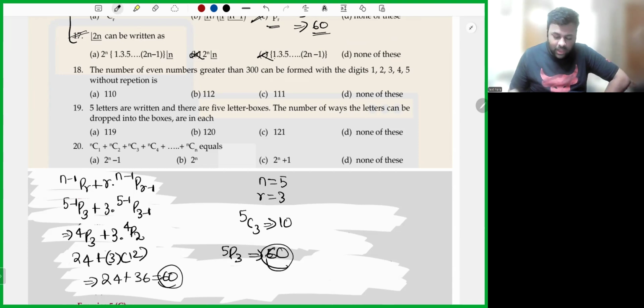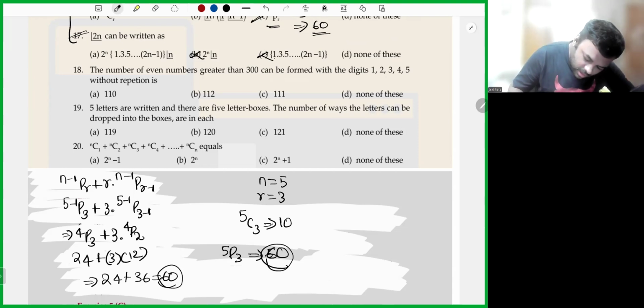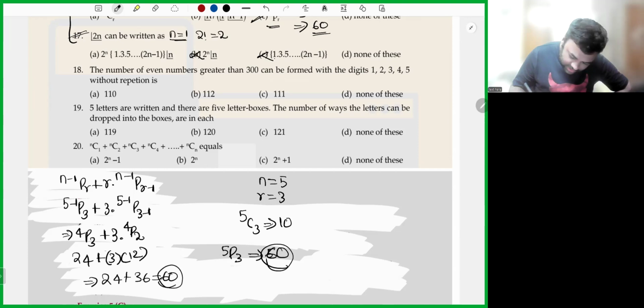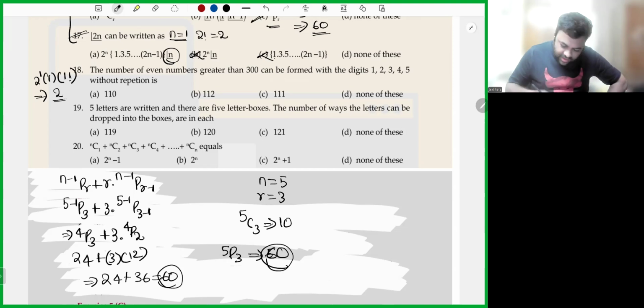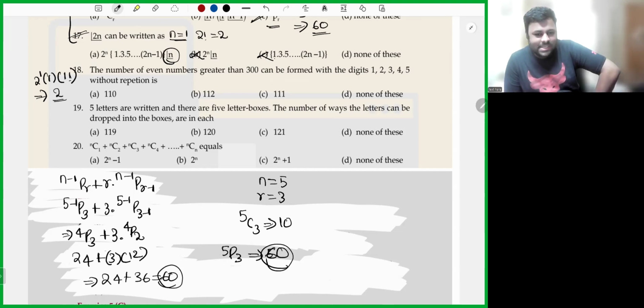Let's check option E. I'll substitute n equals 1. 2 factorial should be equal to 2. Let's check. 2 power 1 into 1 into 1. So it is 2. So at n equals 1, it is satisfying. Let us check whether it is satisfying for n equals 2 or not.